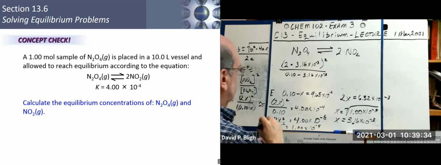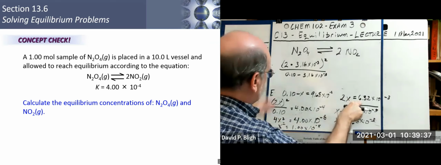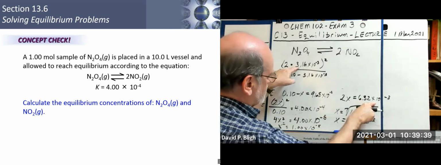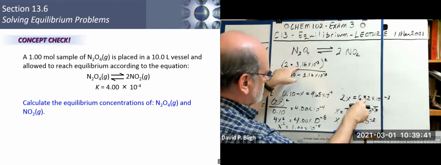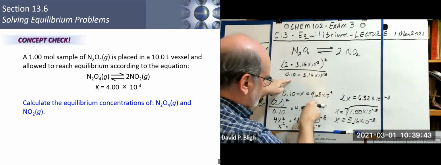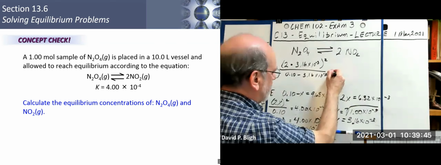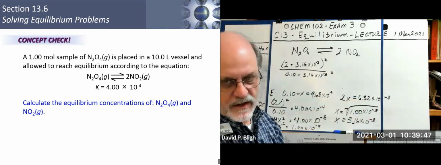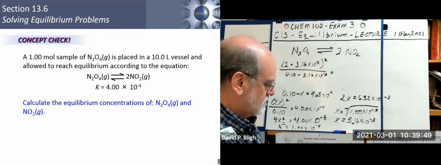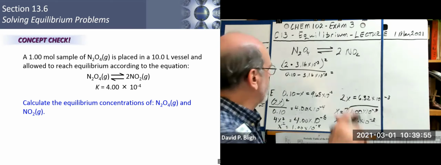This one is that value right there, squared, and this one is that value right there. So we just square that value. Four times 10 to the minus 5.